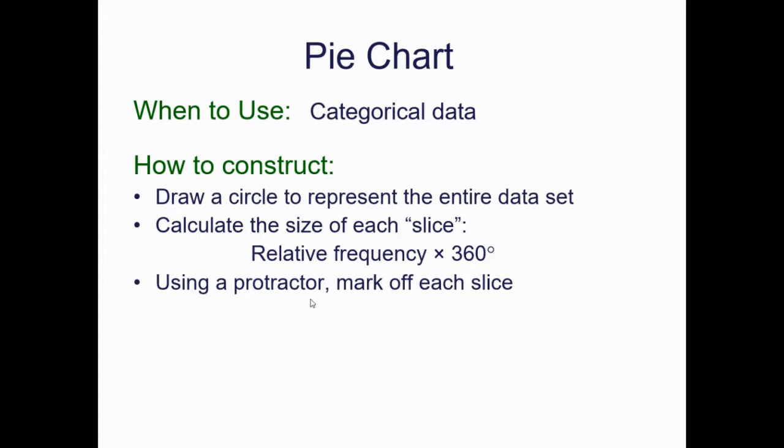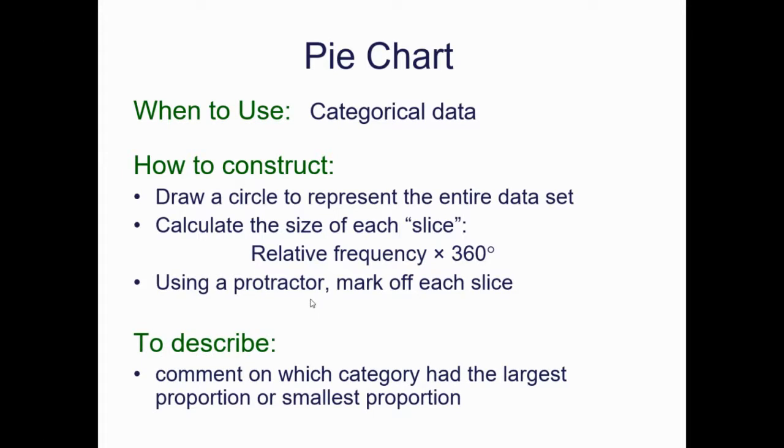And then if we want to be extra precise, we use a protractor to mark off each slice. Now, at least on tests, I'm not going to give y'all one like the example we're about to see, because that is being super precise.